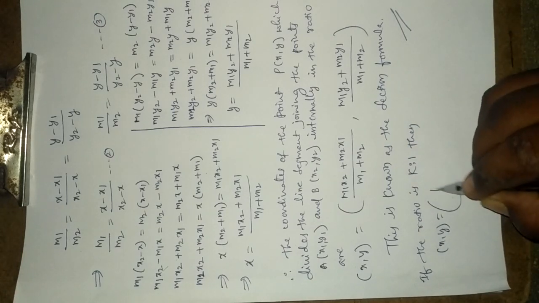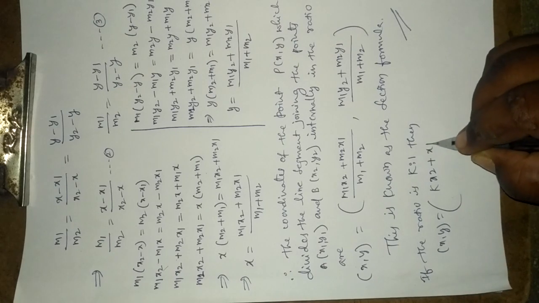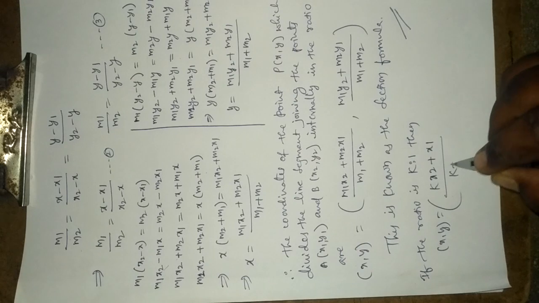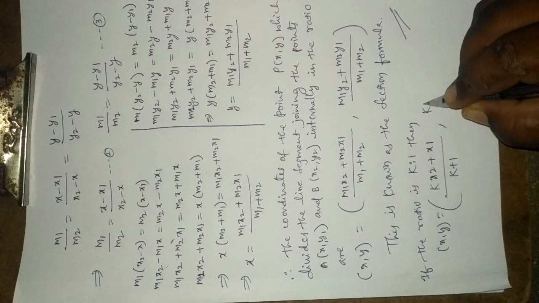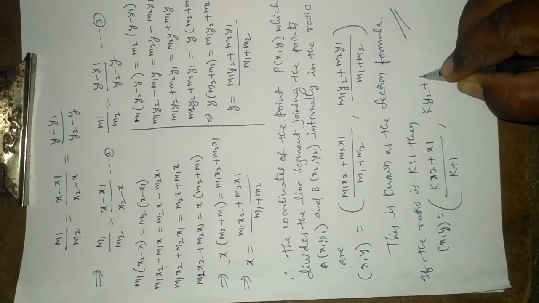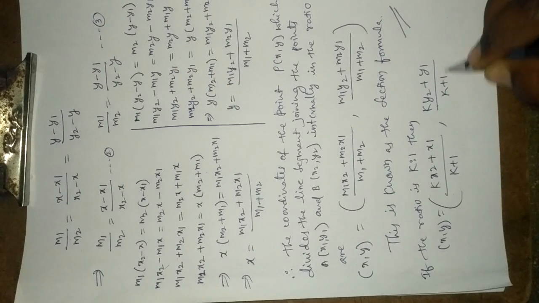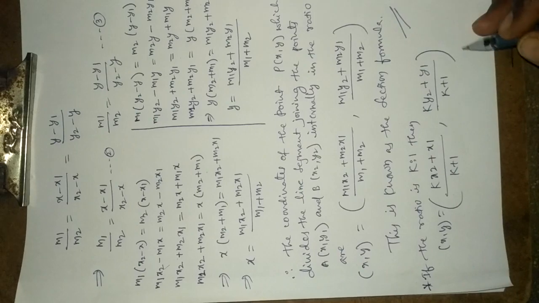So it is kx2 plus x1 divided by k plus 1, and ky2 plus y1 divided by k plus 1. So instead of ratio m1 is to m2, if the ratio is k is to 1, then we write the section formula like this.